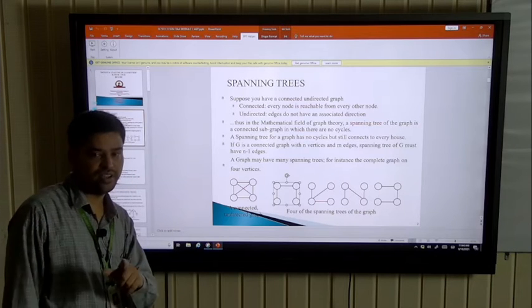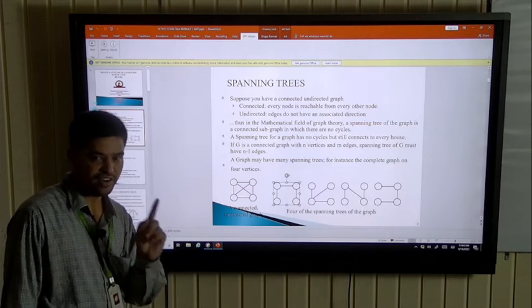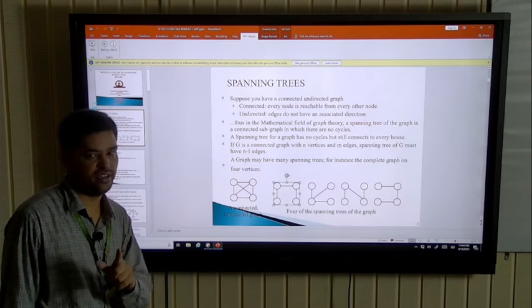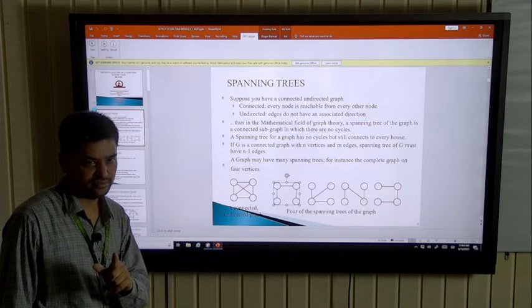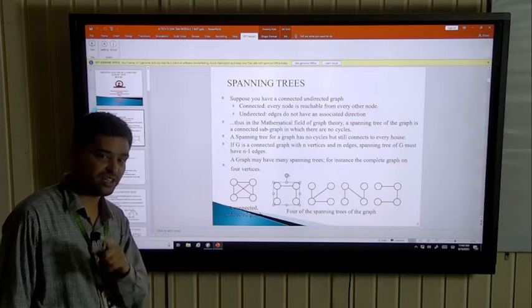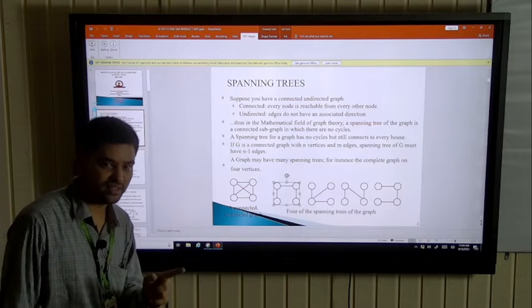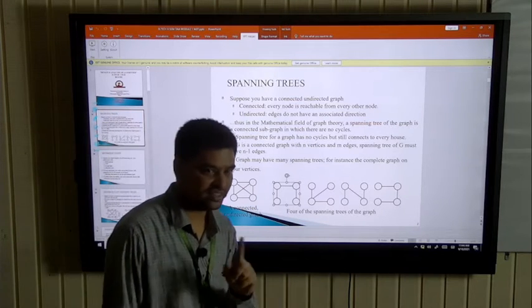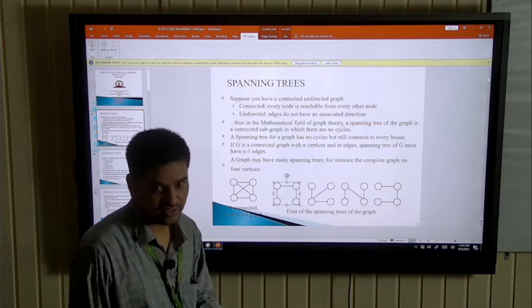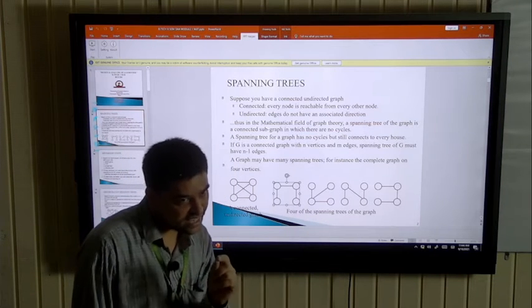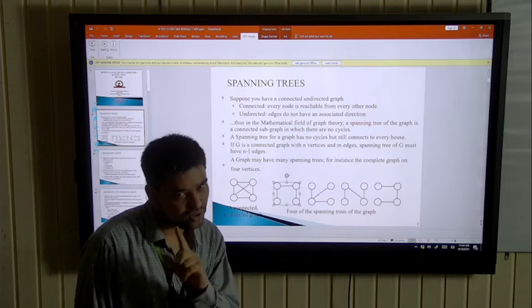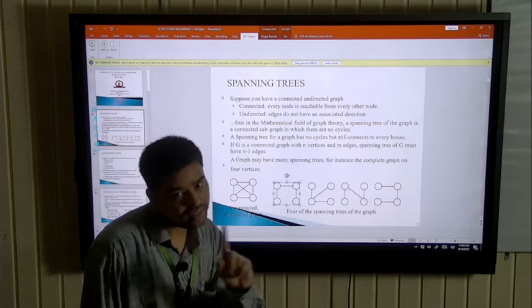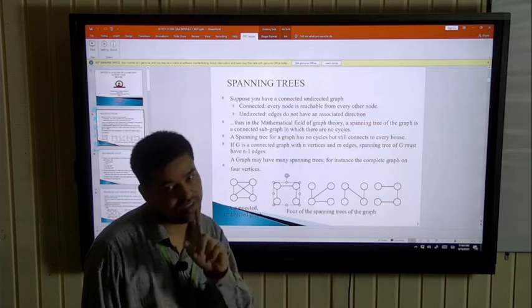But you can go from any vertex to any vertex, that means there is a cycle. You break that cycle. If you do not break the cycle, if any cycle exists in that graph, that is not called a spanning tree. You break all the cycles.